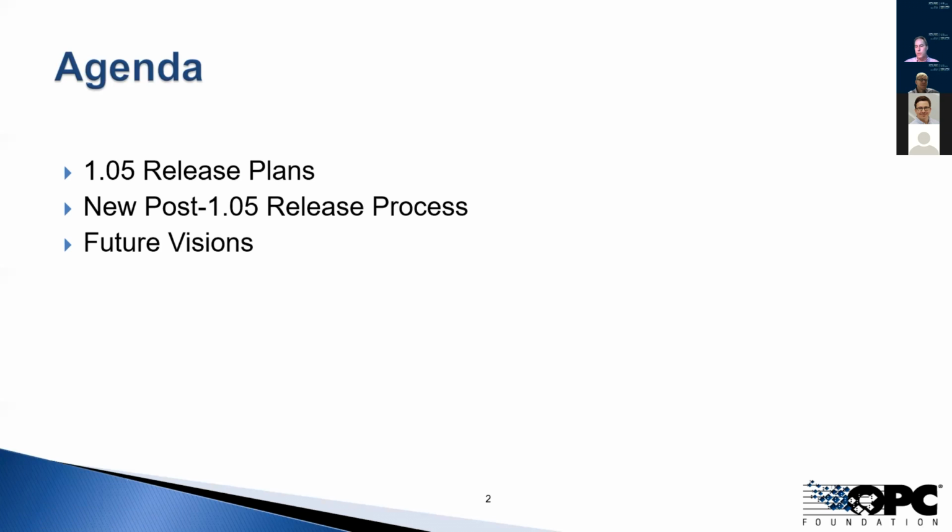And then in future visions, there's lots of things I could talk about, and of course I could talk for hours about different technologies and different things we would do or might do or what the future might hold. But there's one particular one that I wanted to talk about, and that's the UA information model outside of OPC UA. And I'll give some examples of that. And that, with any luck, will take me about 20 minutes.